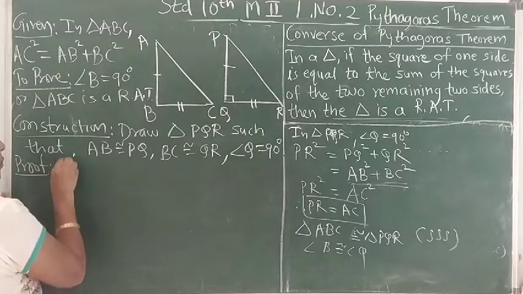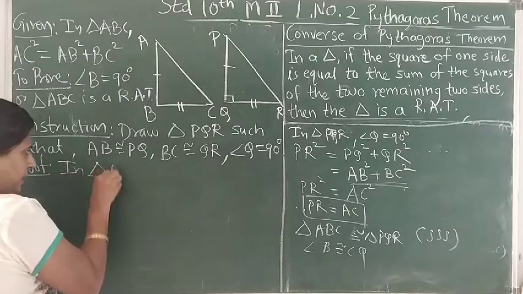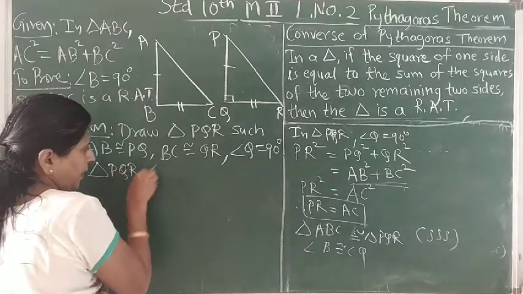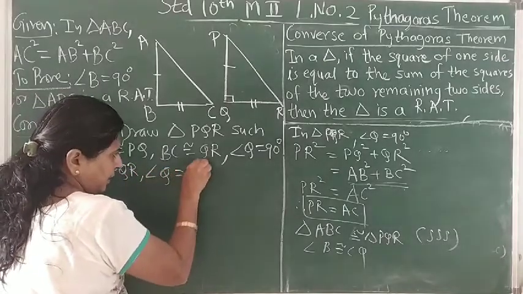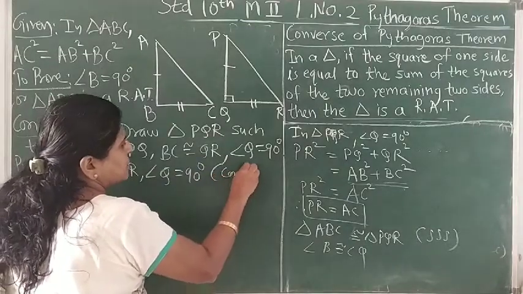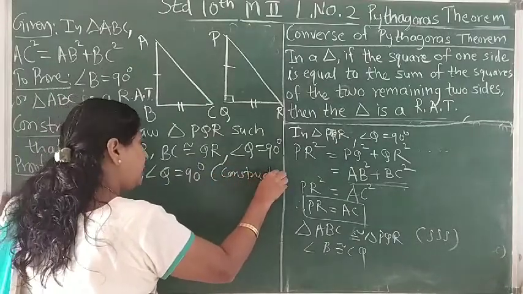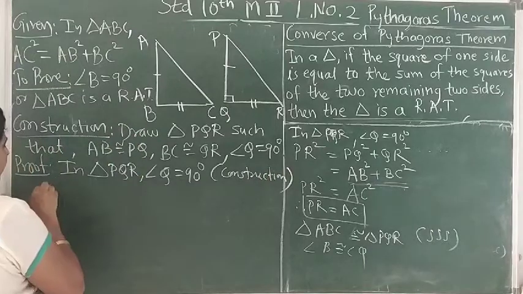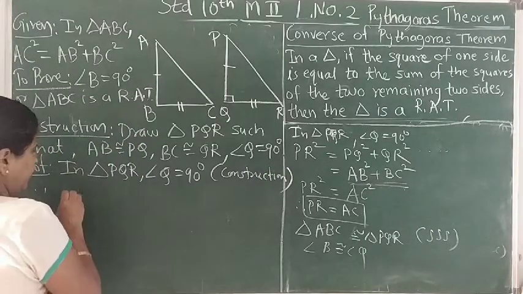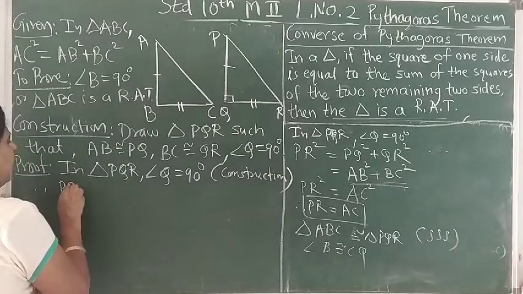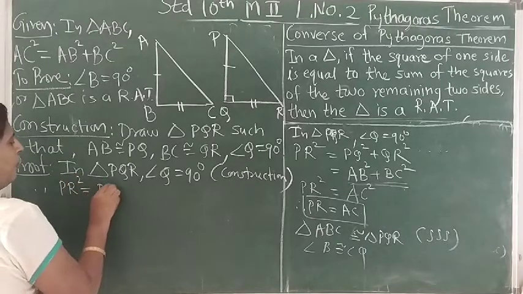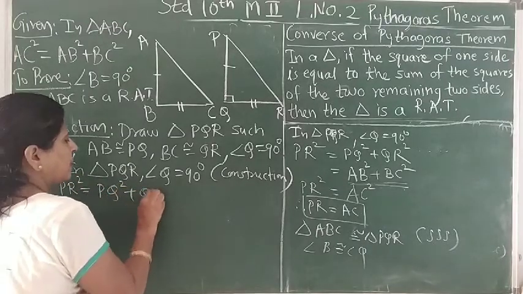Okay, now in triangle PQR, angle Q is 90 degrees. Why? It is the construction. We have only done the construction, and that's why now we can apply the Pythagoras theorem here, and therefore we can say PR square is equal to PQ square plus QR square.